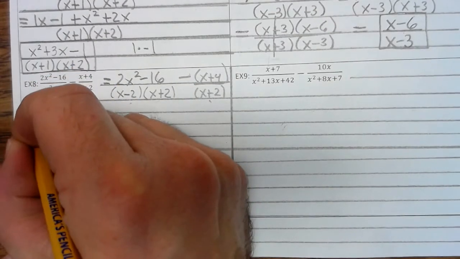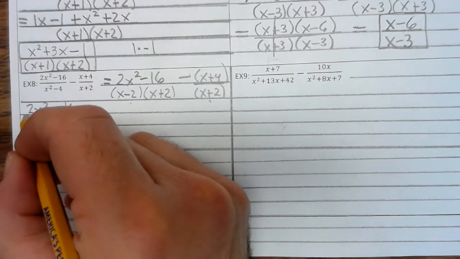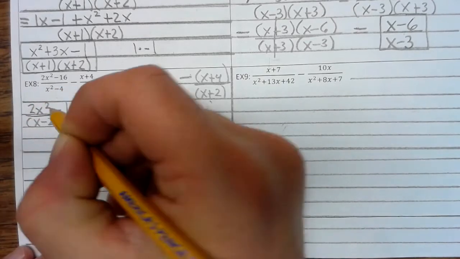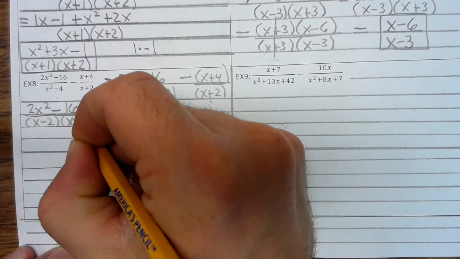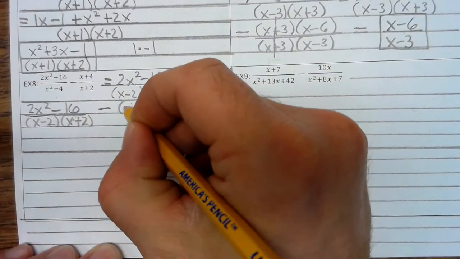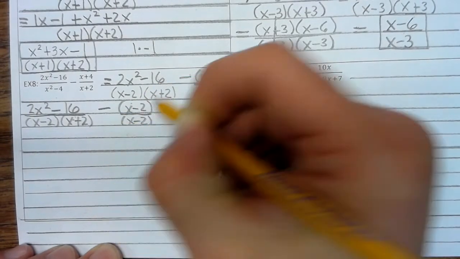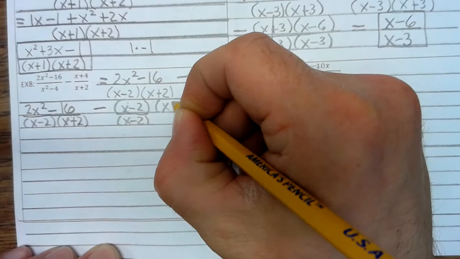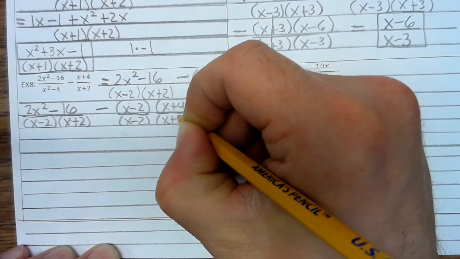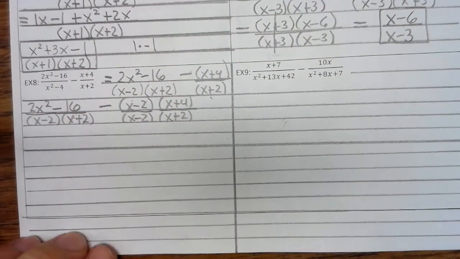So we have 2x squared minus 16 divided by (x - 2)(x + 2), minus, we're going to multiply this by (x - 2) divided by (x - 2). Now the denominators are the same. We're going to simplify the numerator.